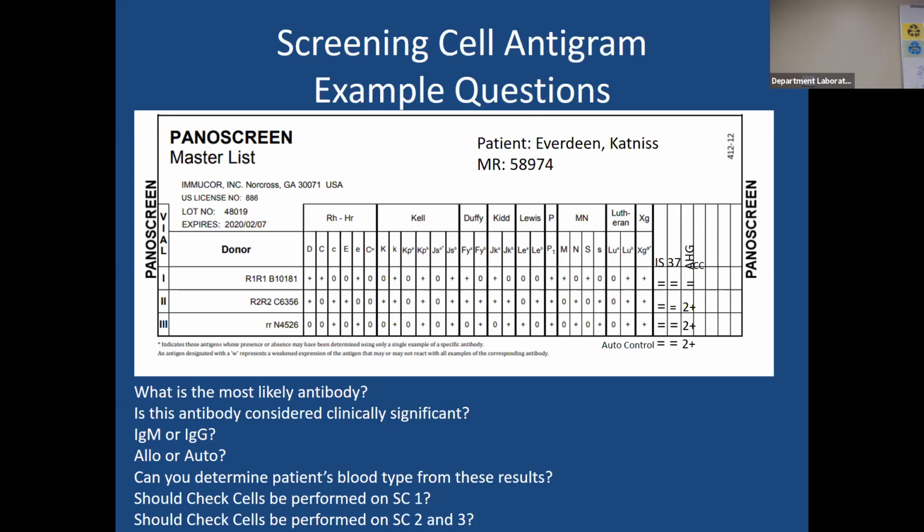So is this an allo antibody or an auto antibody? Auto antibody. That doesn't make sense. Okay. If you have an auto antibody, he reacts with everything. Okay, so if you have an auto antibody, screening cell 1 is going to be positive as well. All right. So let's pretend our auto control is negative.